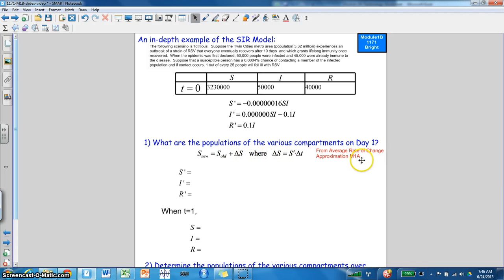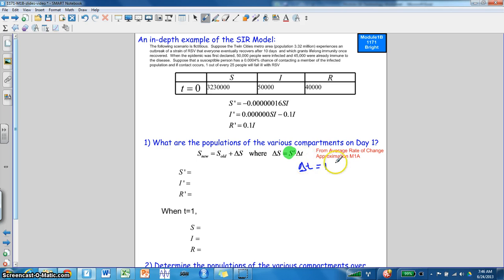From Module 1A, remember that we're going to use a straight line approximation, and we're going to say that delta S is equal to S prime delta t, and this came from the average rate of change from Module 1A. Our job is to determine what S prime is, and here we're going to use a relatively big step, and we're going to use delta t, the change in time, to be 1.